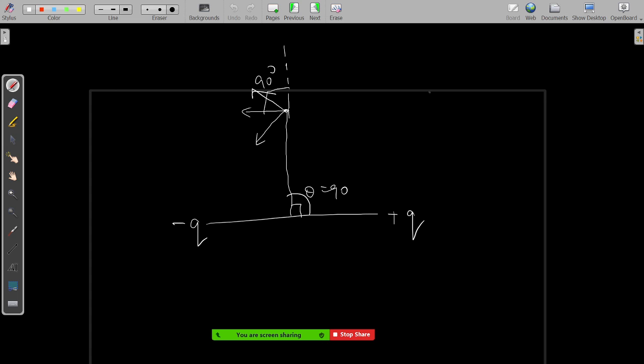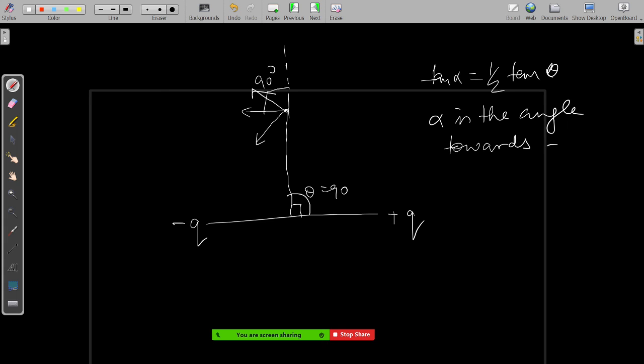We had seen that tan alpha is equal to half of tan theta, where alpha is the angle, in anti-clockwise direction you can write something like this. Alpha is the angle towards the negative direction, towards minus q, from the radial direction.